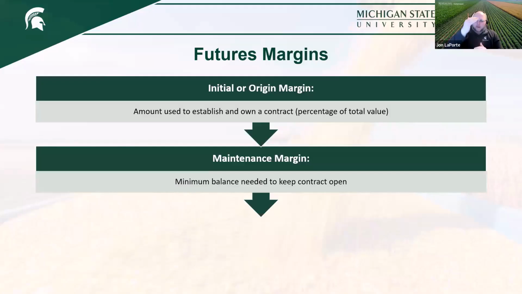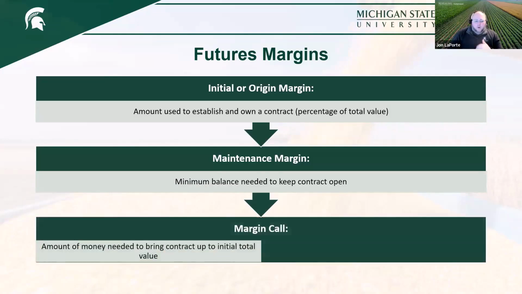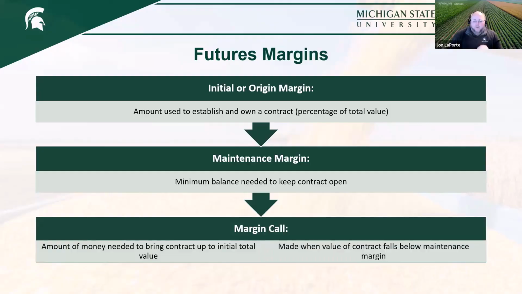So that value can go down to whatever that maintenance value is. But if it falls below, then we start to worry about this thing called a margin call. And that's the amount of money needed to bring the contract back up to the initial total value. And so we have a margin call when the value of the contract falls below the maintenance margin.